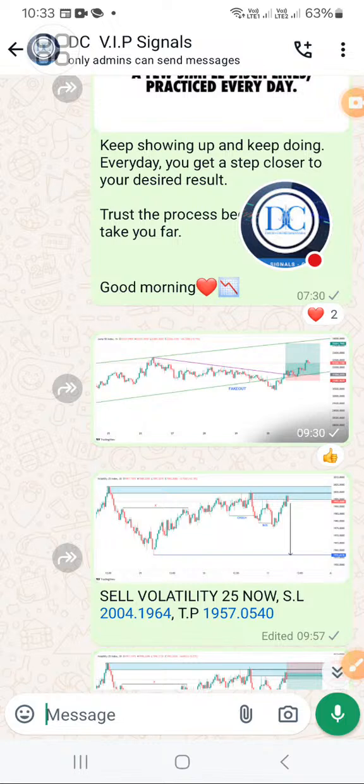I think there was this asset. Let me quickly go to my laptop and I'll share this. What is it? Jump. What was this asset? Jump 50. No, it's not Jump 50.